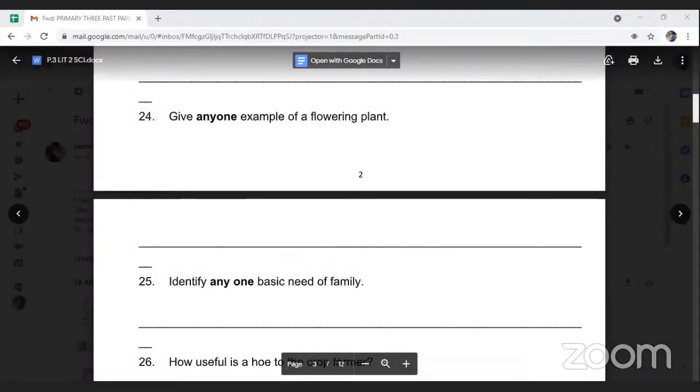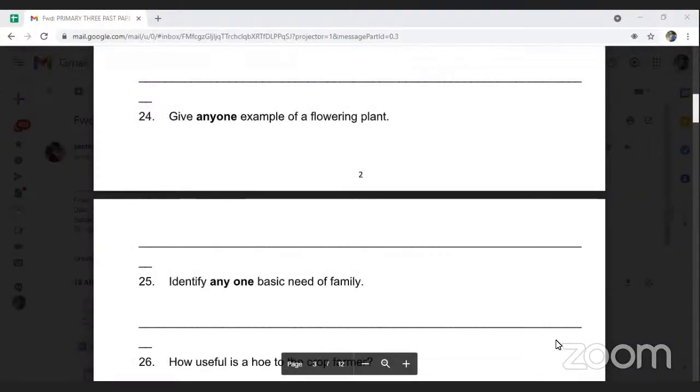Mango plants, orange plants, avocado plant, jackfruit plant, maize plant, cassava plant, sorghum plant, bean plant, and so many other examples of the flowering plants.